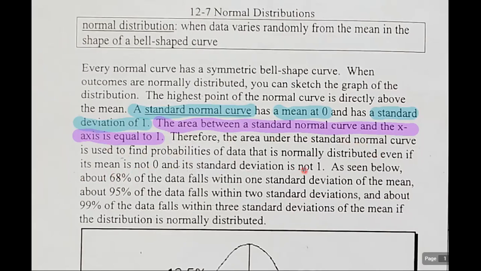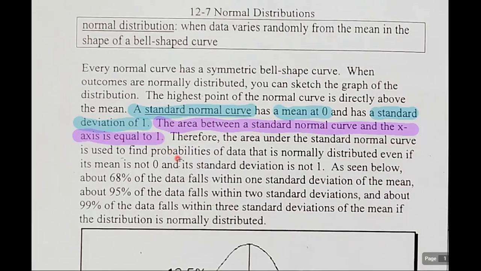I'm going to first talk about a standard normal curve where our mean is 0 and our standard deviation is 1, and then we're going to do ones that are not a mean of 0. But since probabilities are out of 1 and the area is equal to 1, we can find the area and that would represent the probability.